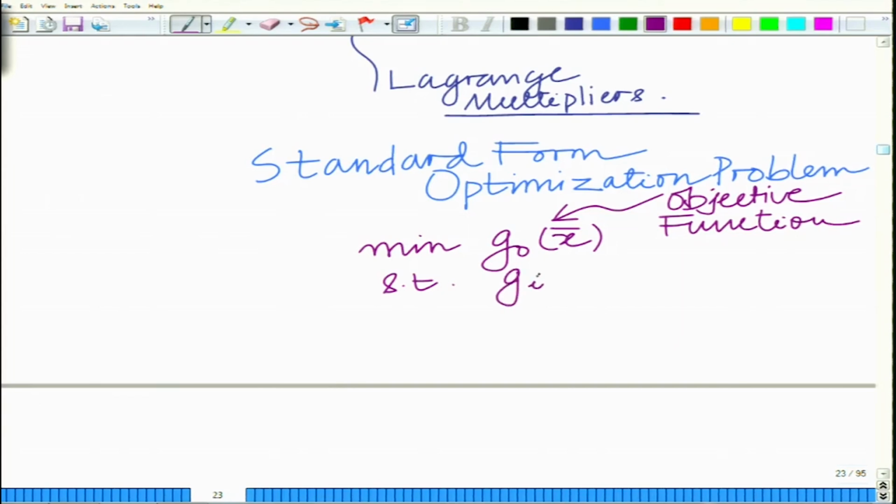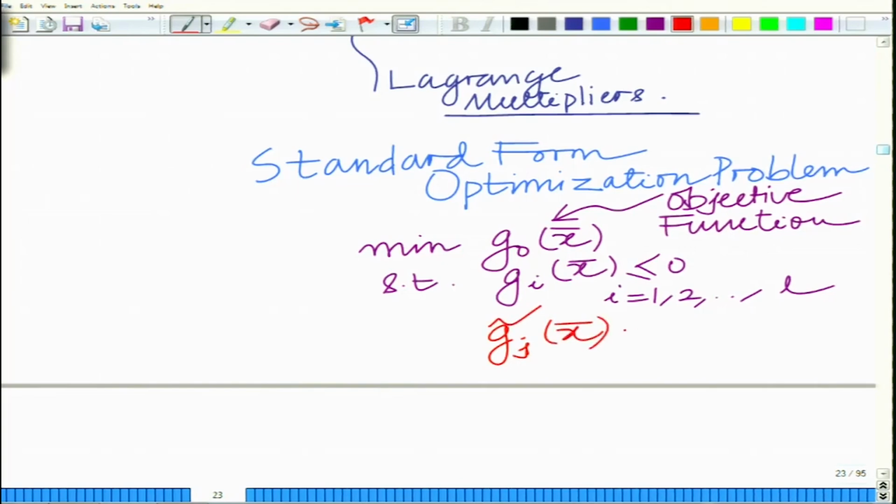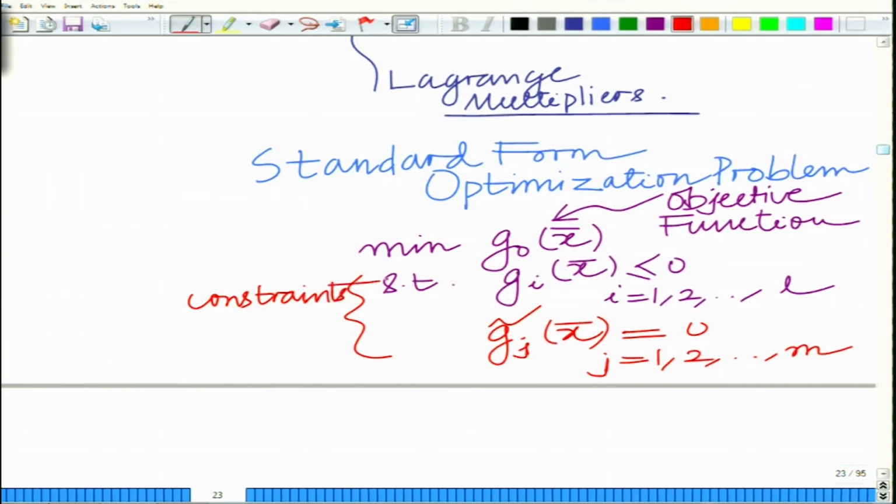You have the inequality constraints gi of x bar less than or equal to 0, i equals 1, 2, up to L, and the equality constraints g tilde j of x bar equal to 0, j equals 1, 2, up to m. We have seen this definition before. So these are your constraints.